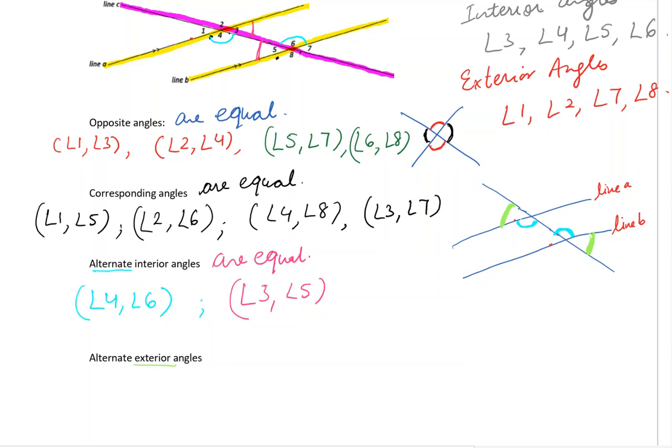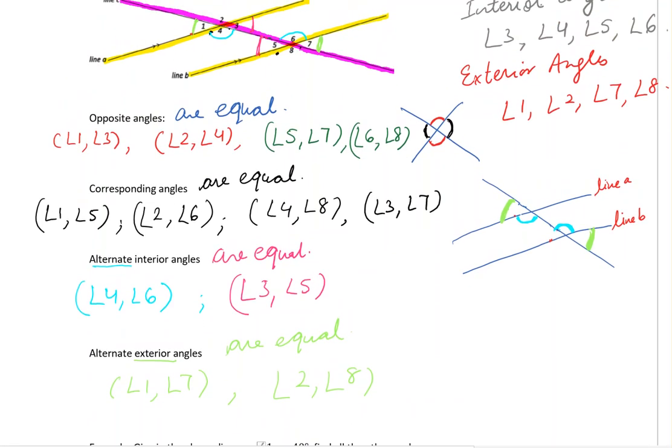Looking at the diagram here, we have angle 1 and angle 7, which form alternate exterior angle pairs. Another pair would be angle 2 and angle 8. Again, alternate exterior angles are always equal. All these four pairs of angles that we just discussed have an important property: they have equal measure.